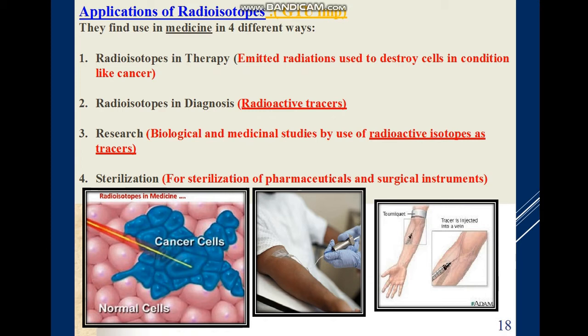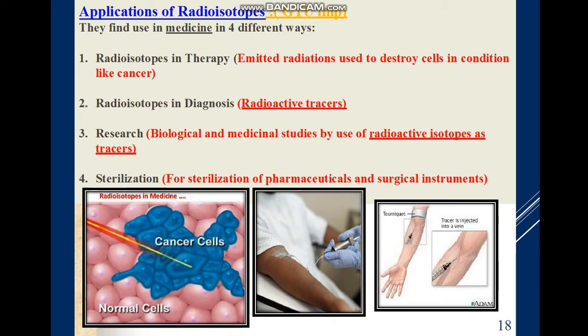Radioisotopes find use in medicine in four different ways. First, radioisotopes in radiotherapy: emitted radiation is used to destroy cells in conditions like cancer. Next, radioisotopes in diagnosis, or radioactive tracers, especially for diagnosis of tumors and metastatic lesions.